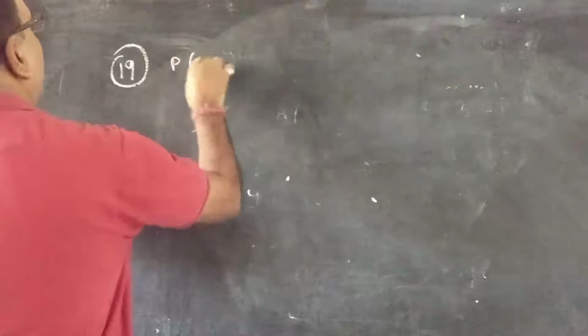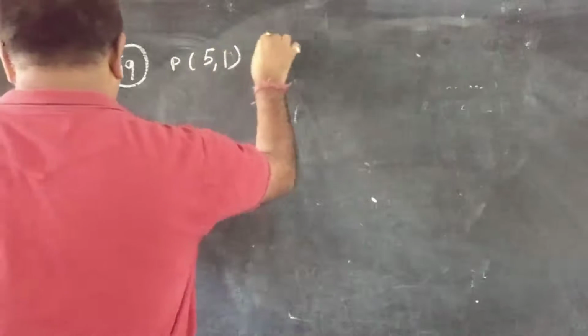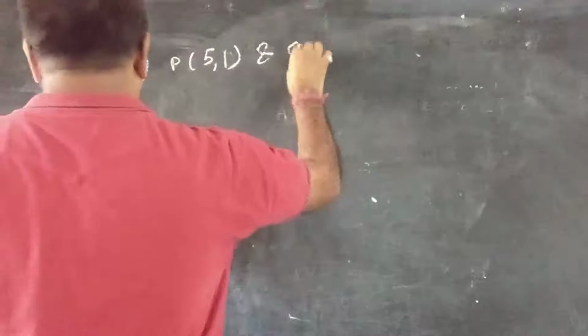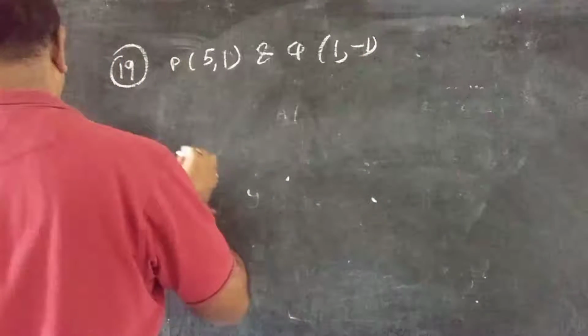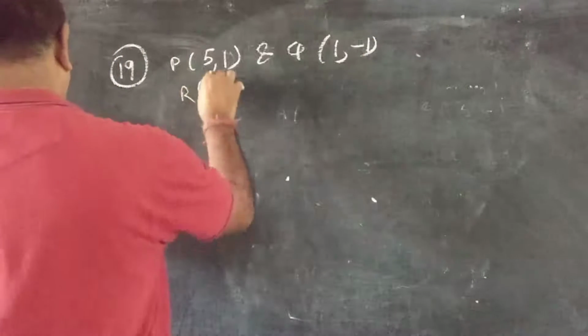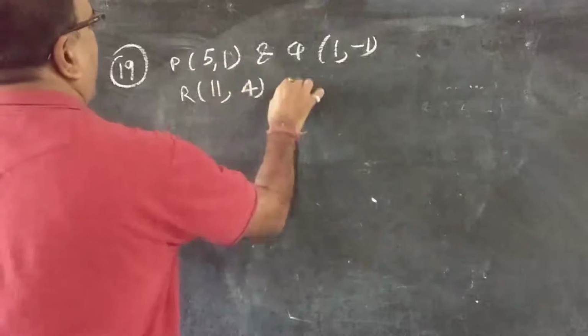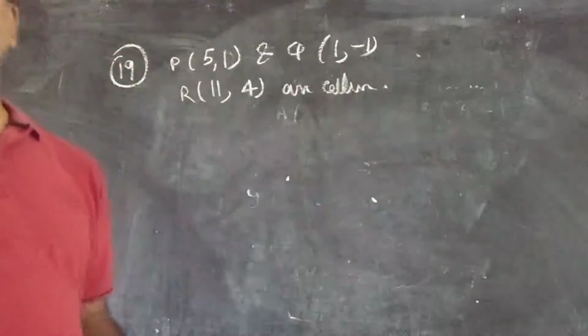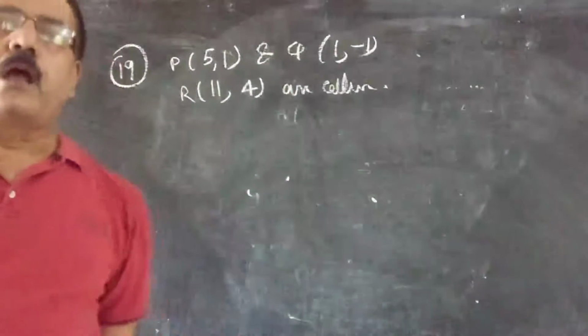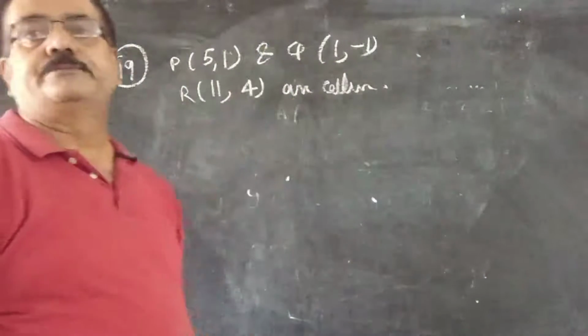P (5, 1), Q (1, minus 1) and R (11, 4) are collinear. Three coordinates are given and we have to show that they are collinear.